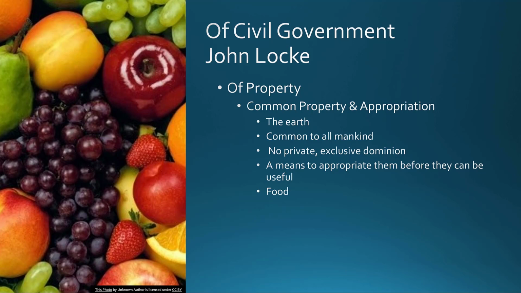So here's how his reasoning goes from that state where God creates the world and everything belongs to everybody. He thinks that since the world and everything on it, according to him, was created for us, there must be a means to appropriate these things before they can be useful.